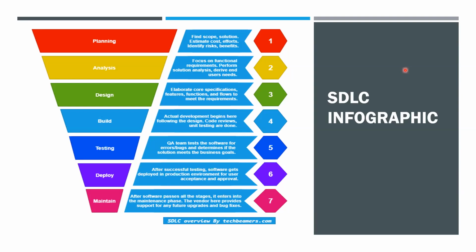On the design part, we're talking about elaborating the core specifications. Now, when we talk about focusing on functional requirements and performing solution analysis in step number 2, do you see how that leads to the design phase? Once we're past that point, we have to go into the core specifications of what the ask is. What kind of features does it need to have?